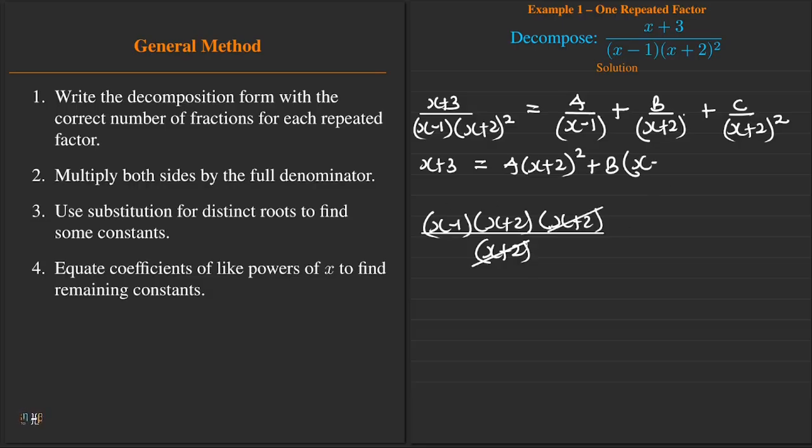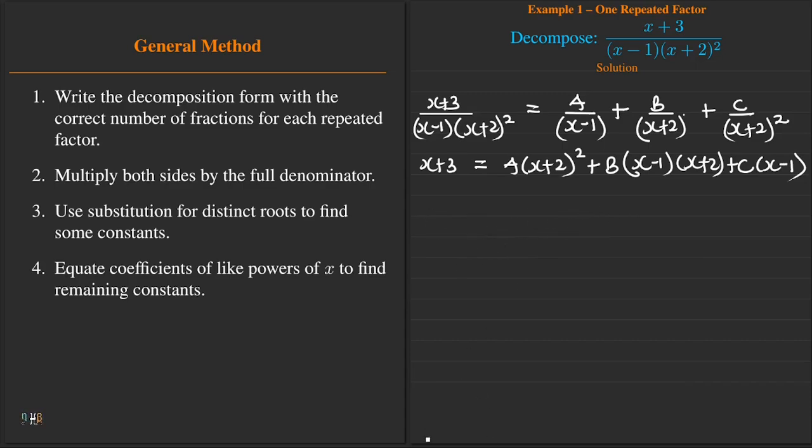So we say x minus 1 and then x plus 2, and then plus our c. For c as well, x plus 2 all squared cancels out x plus 2 all squared, and we'll be left with x minus 1. So this is what we have left after clearing the denominator.